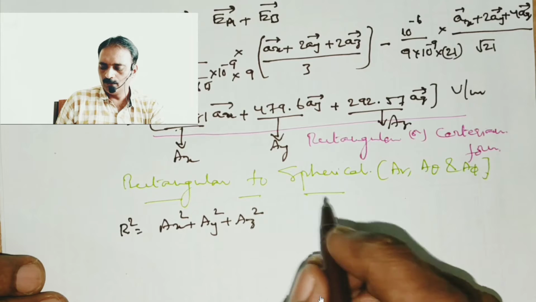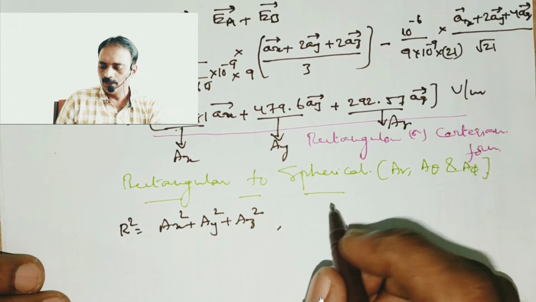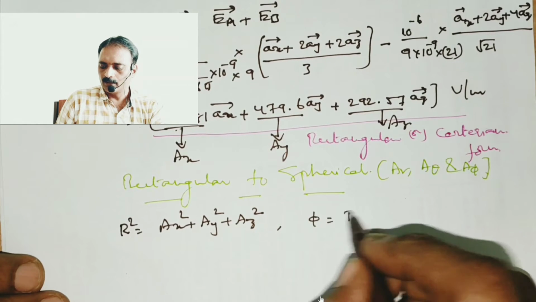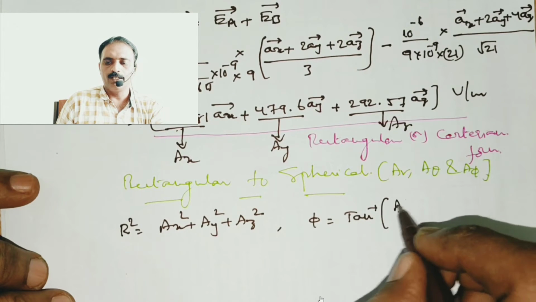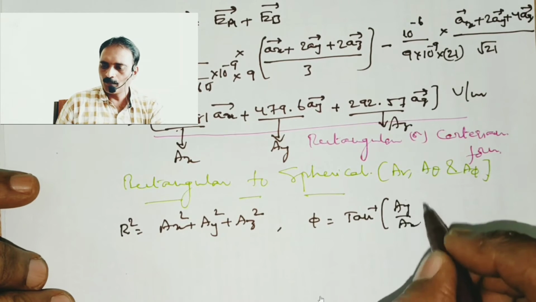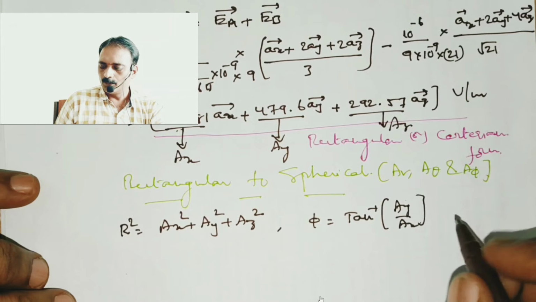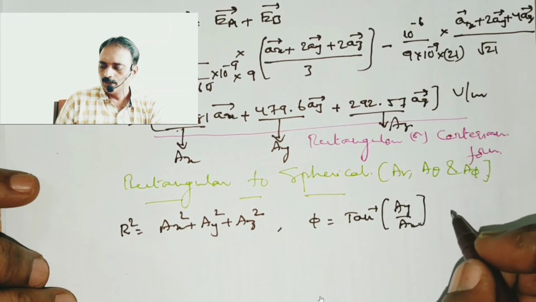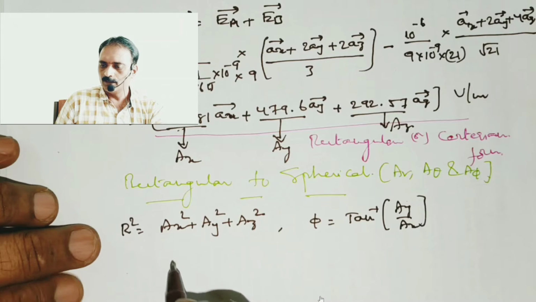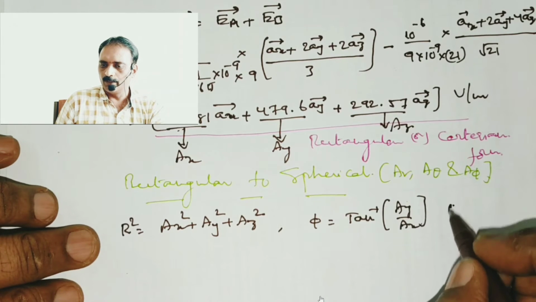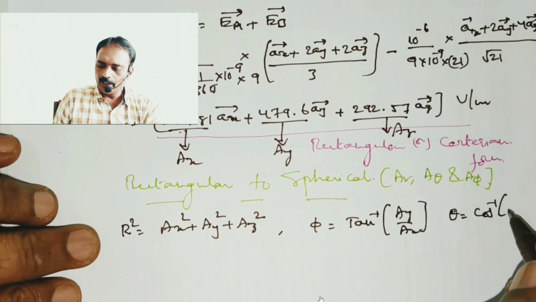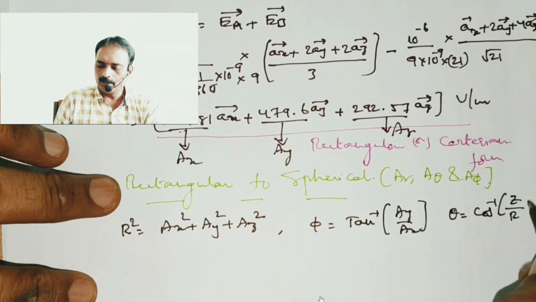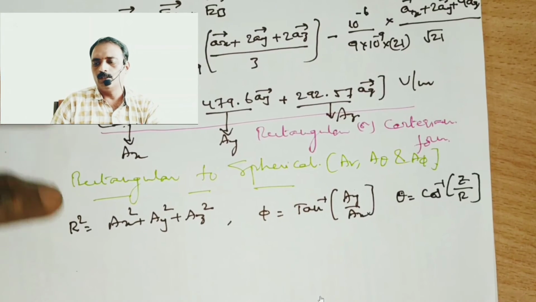Phi is equal to tan inverse of Ay by Ax. So these things can be calculated because we are aware of the values of Ax, Ay and Az. And the polar angle theta is equal to cos inverse of z by r.